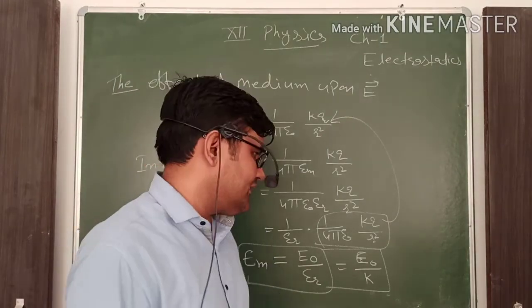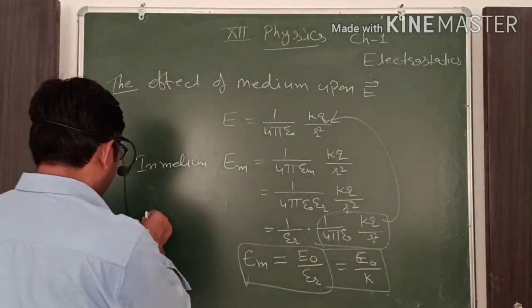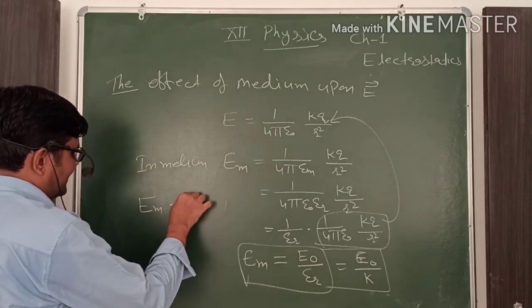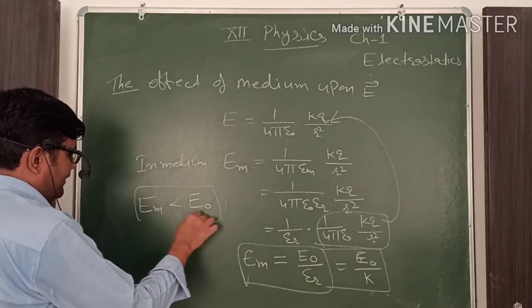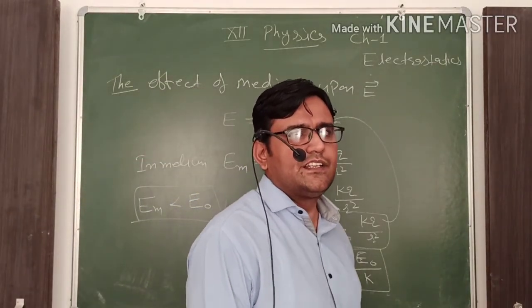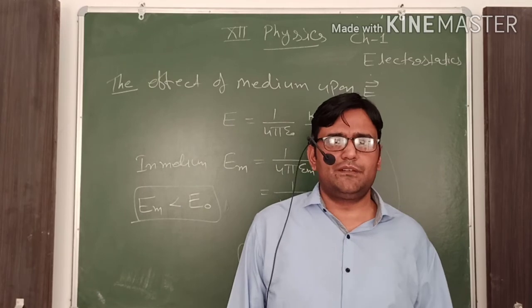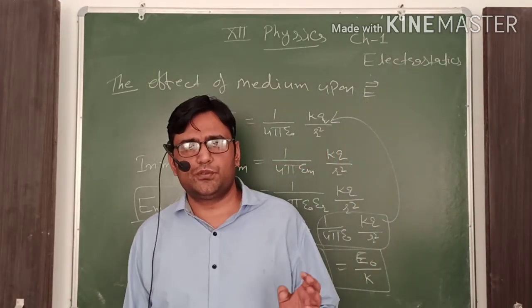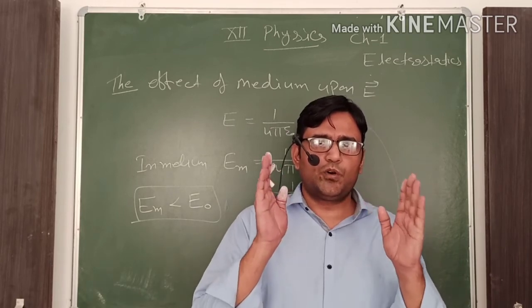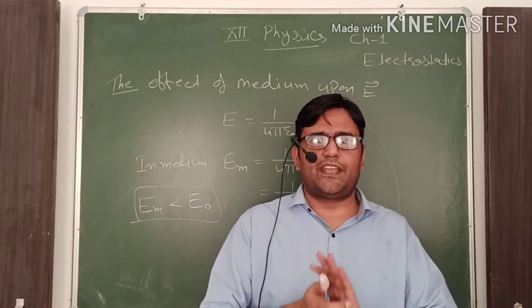It means, in general, the electric field intensity in the medium is less than the electric field intensity in vacuum. Just as the force between the charges decreases when the medium is changed, the force between charges is maximum when both charges are placed in vacuum.